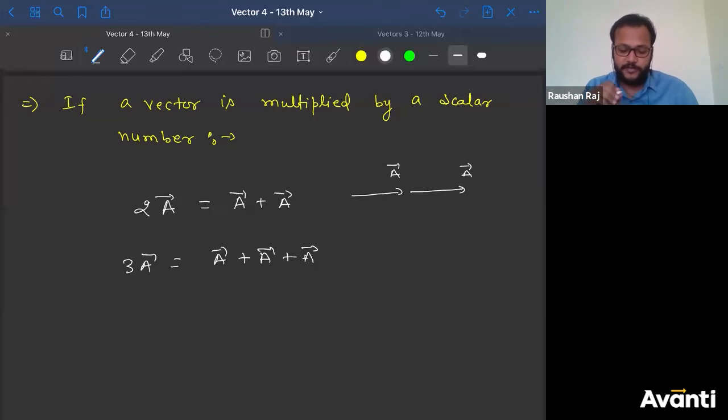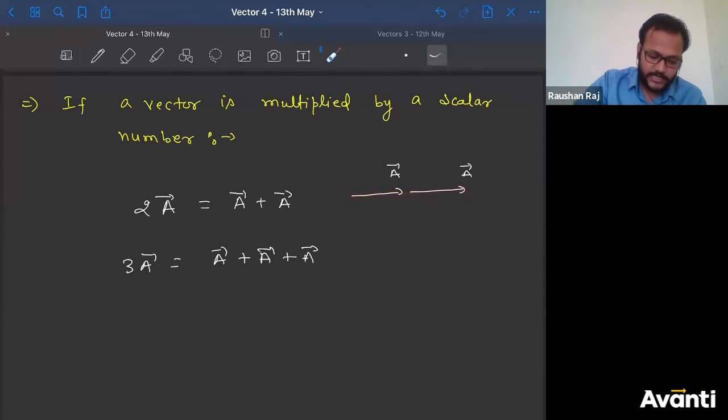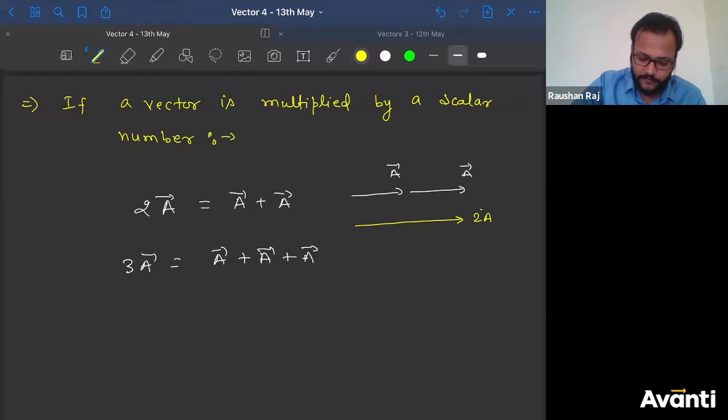Now tell me in which direction the resultant vector will act? Can I say the angle between them is 0? So the resultant will be along them only, correct? So resultant vector will be like this, 2a vector.